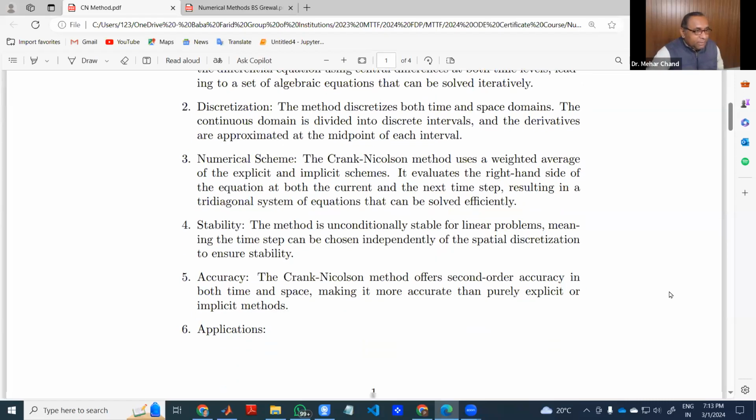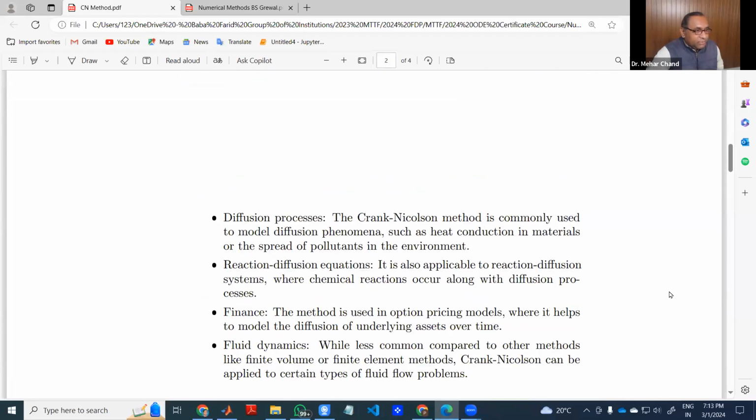And there are several applications we can see for solving different types of problems. The Crank-Nicolson method is commonly used to model diffusion phenomena such as heat conduction in a material or spread of a pollutant in the environment.